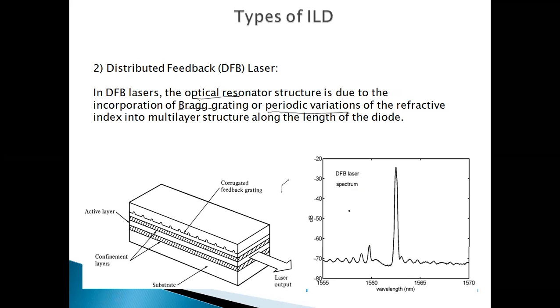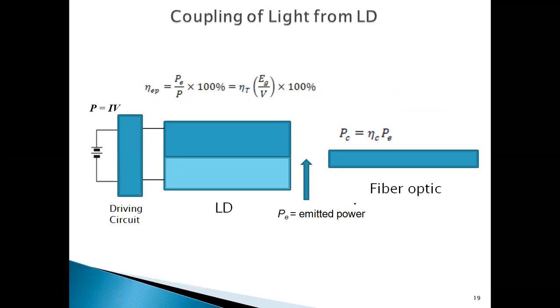This is the way the light can be coupled from the laser diode to the optical fiber. Here is your laser diode, the LD, and we have the driving circuit for the laser diode, where the supplied current and voltage are given by I and V. This is used to drive the circuit.